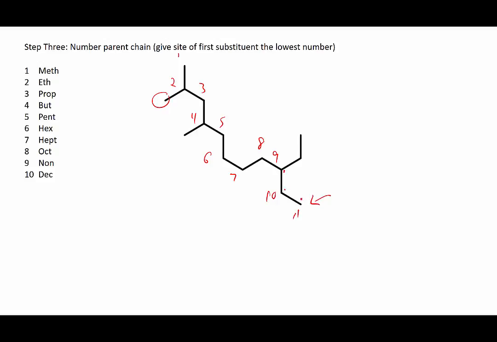The first substituent shows up at 3. So we're not going to number it that way. We have to number it so that the first substituent gets the lowest number. So let's go ahead and assign numbers to our substituents. We have a 2-methyl group. We have a 4-methyl group. And we have a 9-ethyl group.